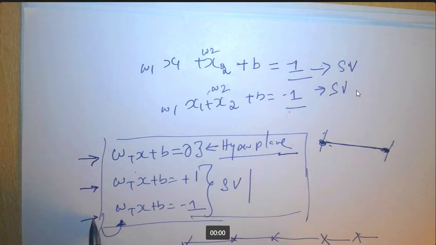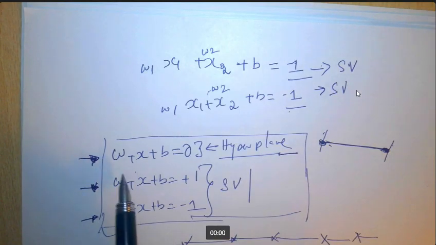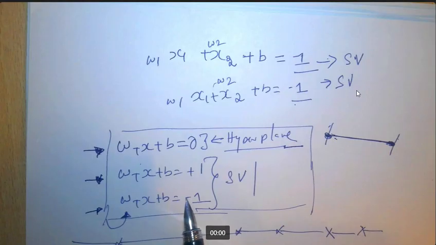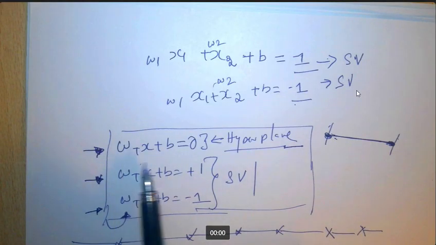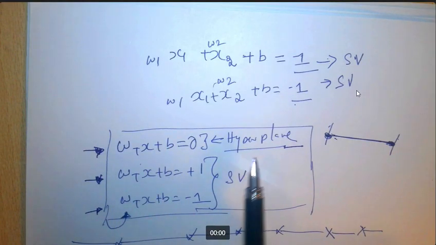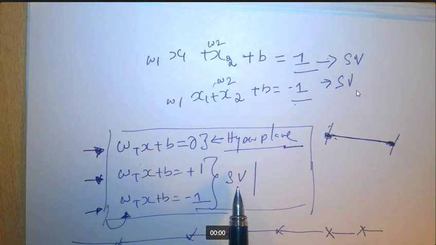That's what we derived, or we proved, that these 3 equations are really important in the language of support vector machines. One linear equation corresponds to the hyperplane, another corresponds to one of the support vectors, and another corresponds to the other support vector.